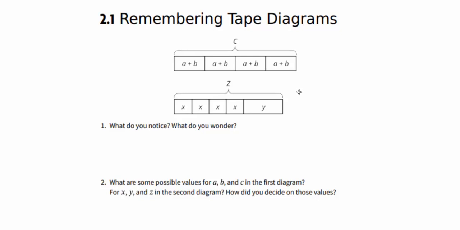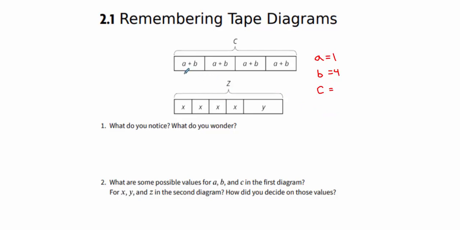So what are some possible values for A, B, and C in the first diagram? Let's just make some up. If A is equal to 1 and B is equal to 4, I wonder what C would be equal to.